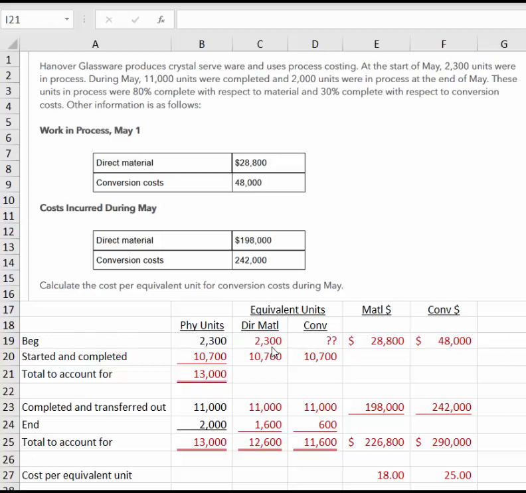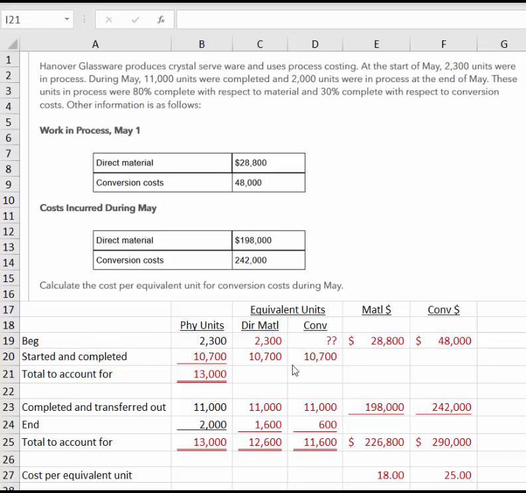Usually by the time we get into a typical department, the material is already complete, and then we're going to convert the material into something else. That isn't always the case. So I'm going to assume it's 100% complete, but it's really irrelevant to this problem. And we don't know what the conversion cost is. They don't provide us that. Then started and completed always means it's 100% converted. So you take the 10,700, multiply it times 100%, same thing for conversion.